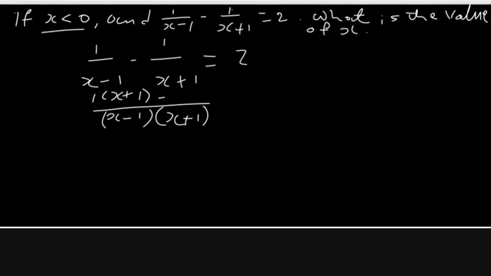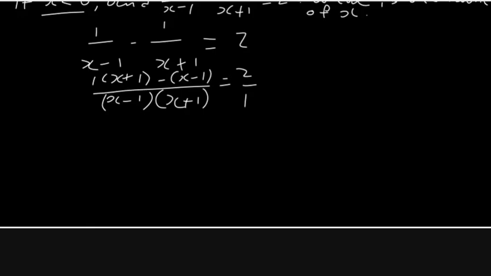Then minus, you pay attention to this minus. If it happens to be plus, there won't be any problem, but as long as it is minus, you must be very careful. Dividing by x plus 1 gives x minus 1 here. This is equal to 2, which is the same thing as 2 over 1.